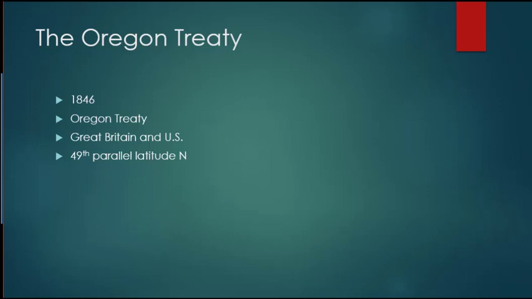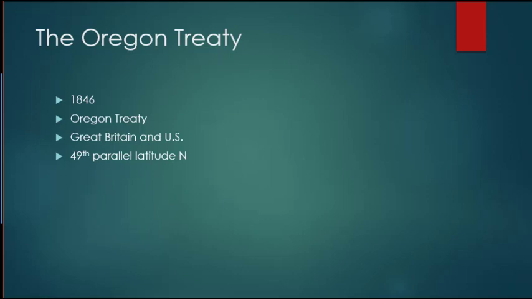So in 1846, there's a treaty between the Americans and the British. It's called the Oregon Treaty, and it establishes that the border of the Oregon Territory is set at the 49th parallel latitude north. And so that sets the boundary of the Oregon Territory.